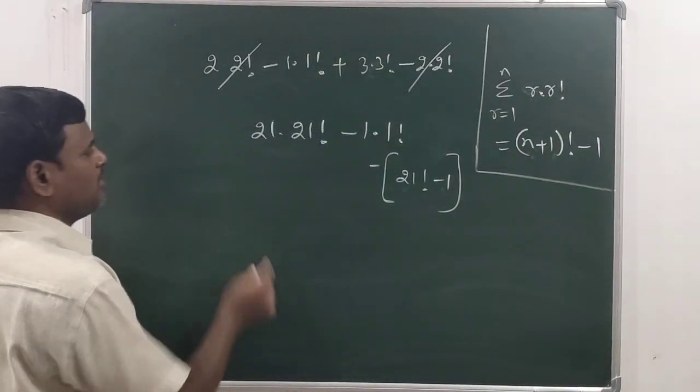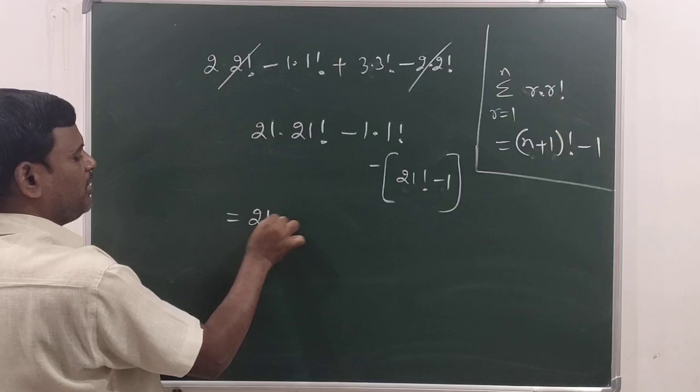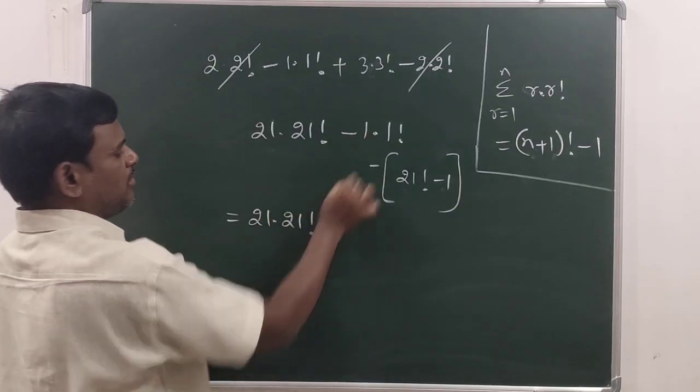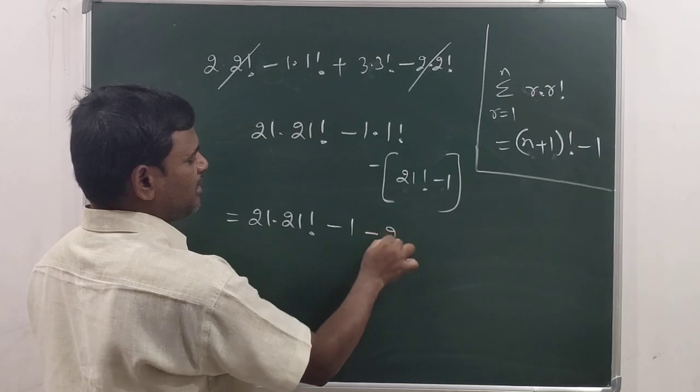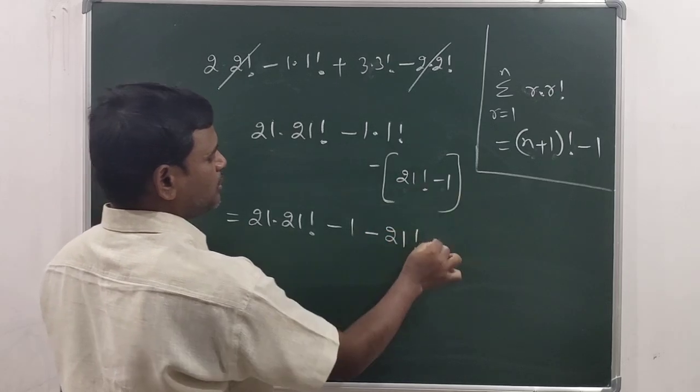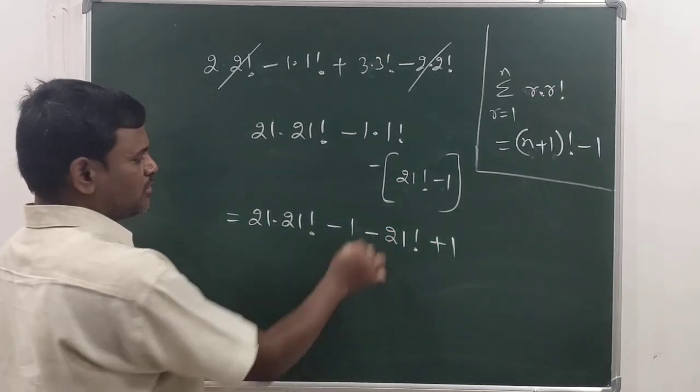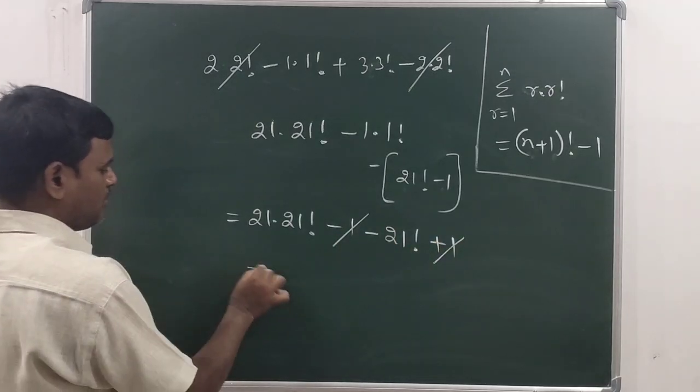If you simplify, you are going to get 21 into 21 factorial minus 1 into 1 factorial minus 1. So if you send the minus inside, minus 21 factorial, minus into minus plus 1. So now both of them cancel.